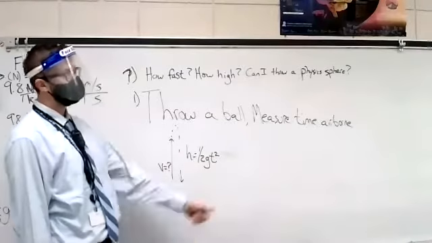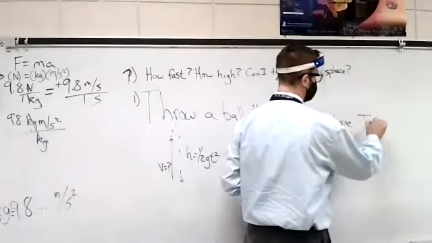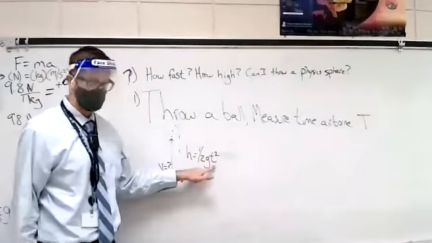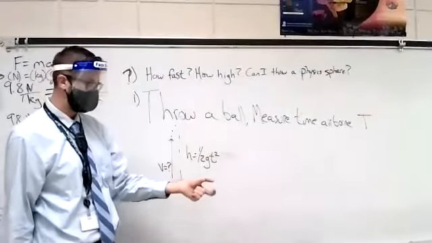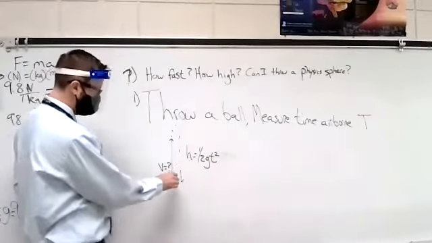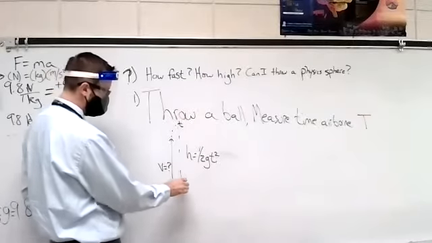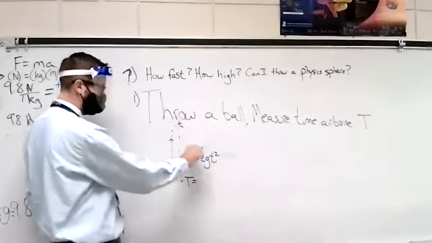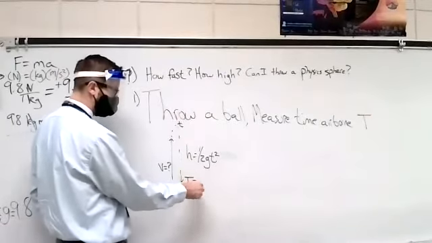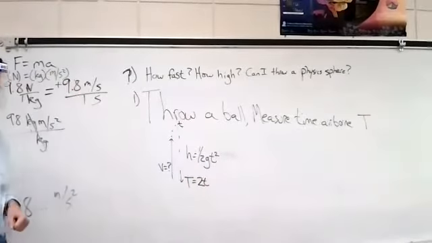So if you time how long something is airborne, we'll call it capital T, this time would actually be half of that. This is the time it would take the ball to fall from maximum height, okay? So if it goes up in a certain amount of time lowercase t, it's going to fall in the same time lowercase t, so the total time capital T is twice lowercase t.